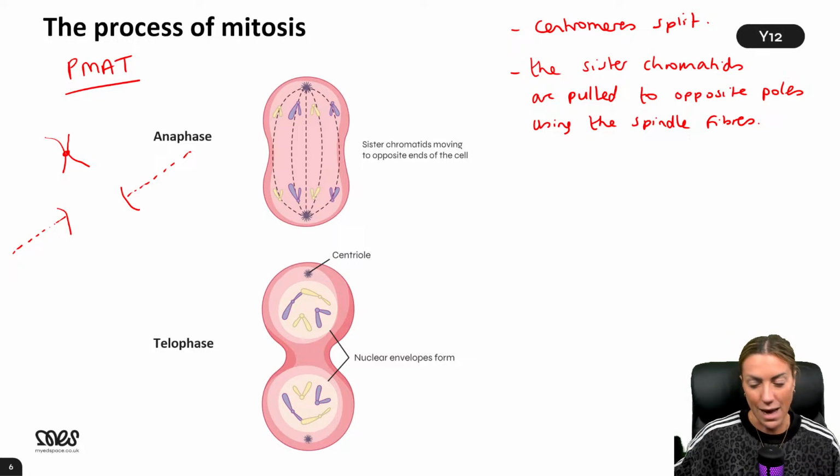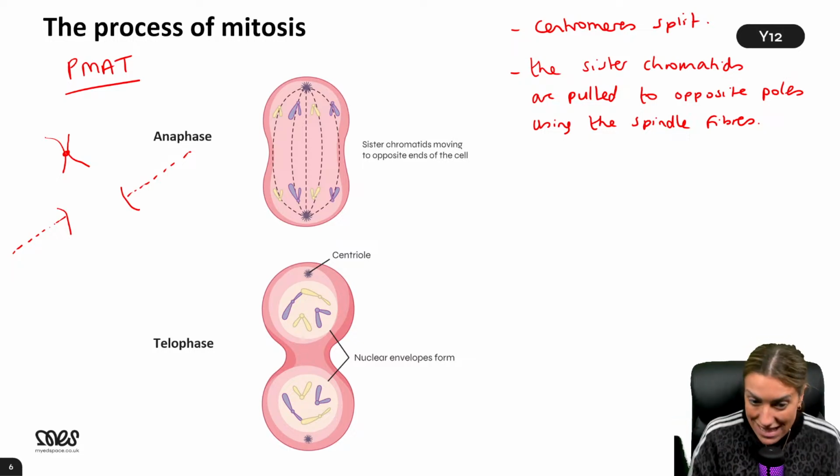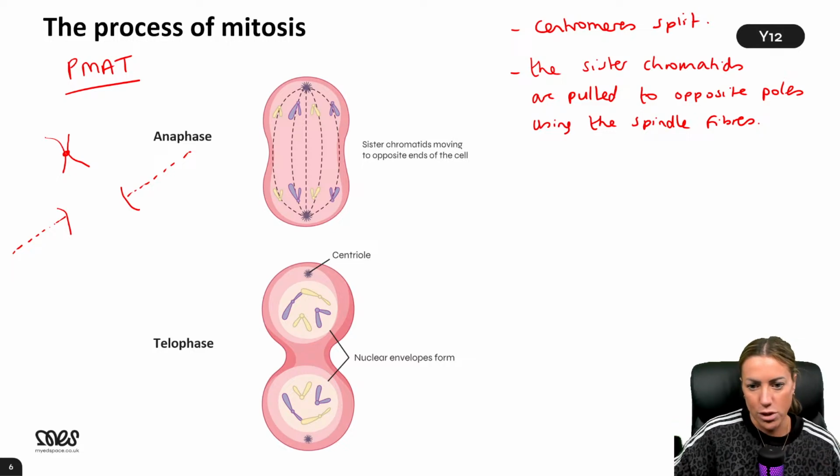I'm calling them sister chromatids here because each chromosome consisted of two sister chromatids, and now we've split the centromere, the sister chromatids are pulled to opposite poles. Right, telophase. This is the final stage of mitosis.